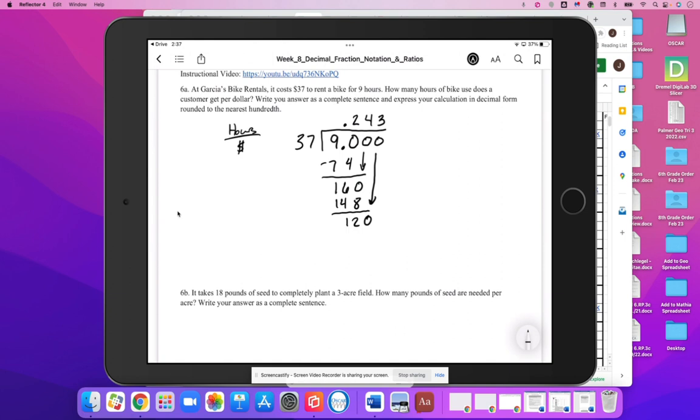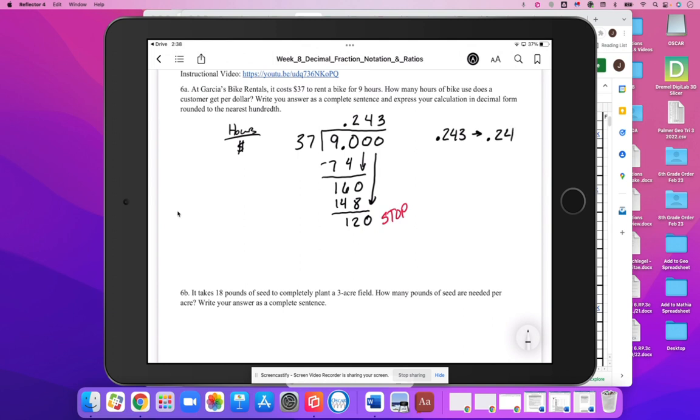We're supposed to write your answer, complete sentence, decimal form, round to the nearest hundredth. And so we have enough information to round to the nearest hundredth. And to do that, we're going to end up with 0.243, which becomes 0.24.